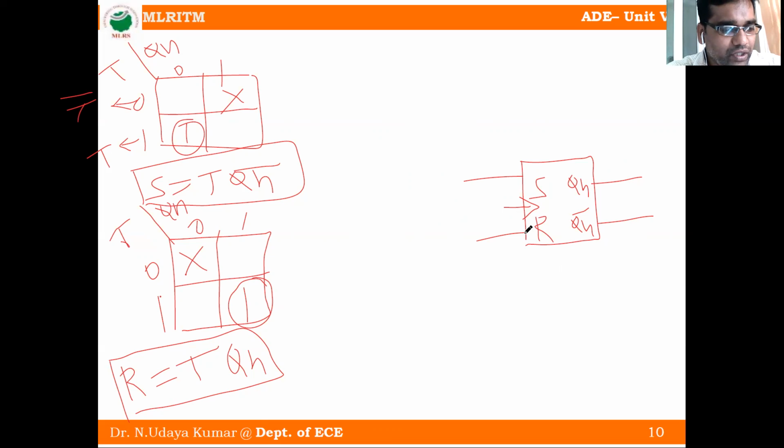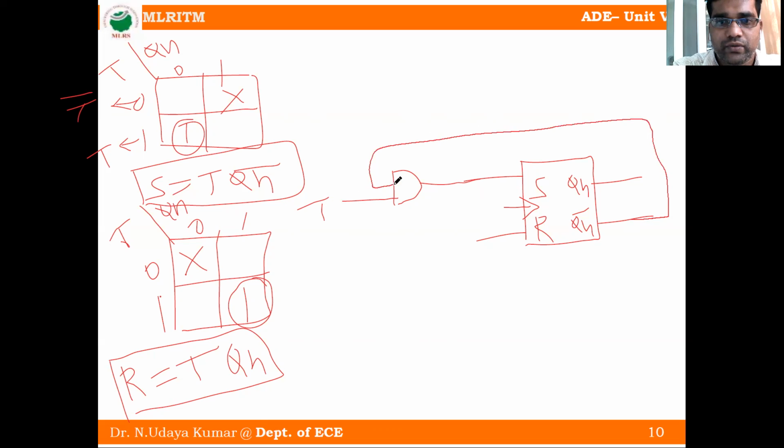S is equal to T Qn bar. That means one AND gate, with one input T and the other input Qn bar. So S is equal to T into Qn bar.